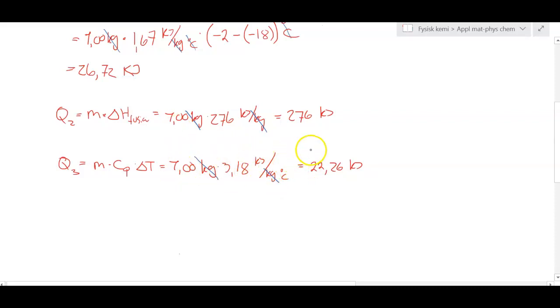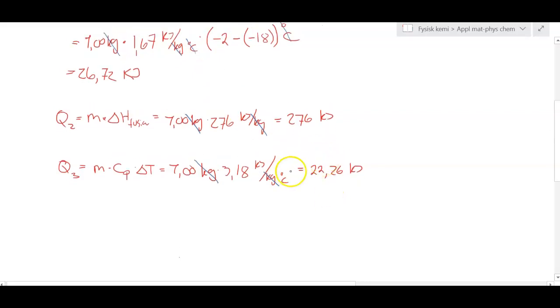Oh, I forgot something. I'm sorry. I forgot we need the delta T, of course.